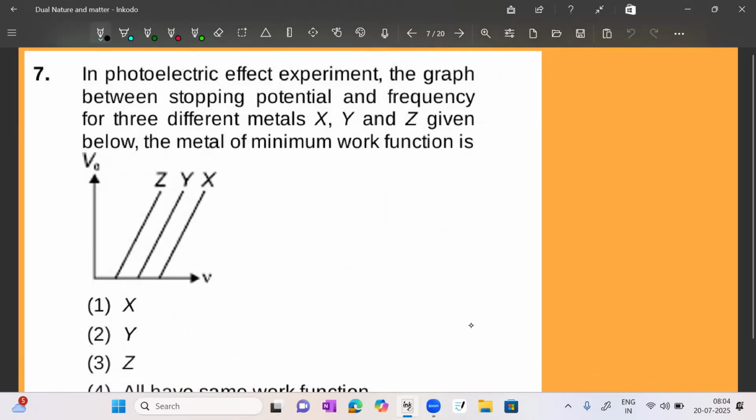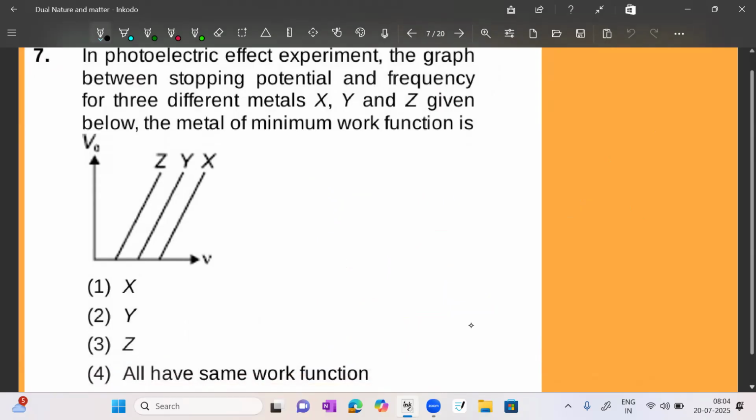Now the seventh one, you see. In a photoelectric effect experiment, we have the graph between the stopping potential and frequency of three metals of work functions X, Y, Z given below. Then the metal of minimum work function is... Okay.